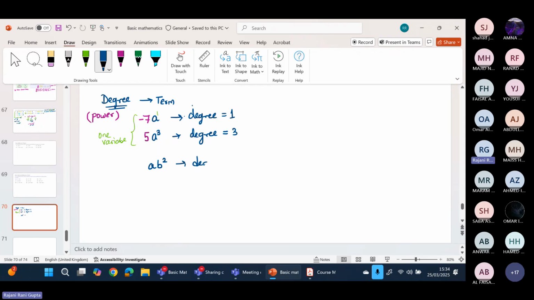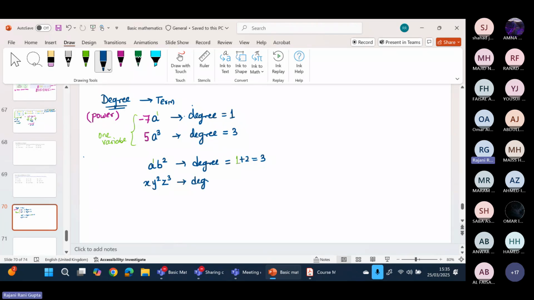So what will be the degree? 3. Correct. So what you do here is add the powers of both the variables. So your degree will become 1 plus 2. That gives you 3. Okay. What else? Suppose I have three variables, x, y squared, z cube.